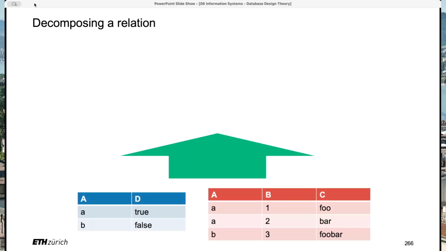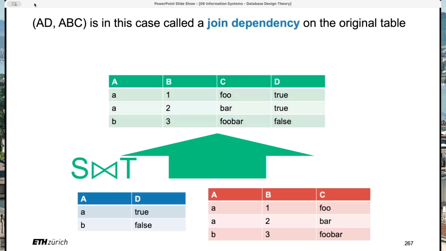Now, in order to know whether we've done a good job, we need to compute the join of these 2 tables and see if we get back to the original table, right? Do you agree we do? Who agrees that this is the join, that it matches? The join of the 2 tables at the bottom corresponds to what we have on the top.